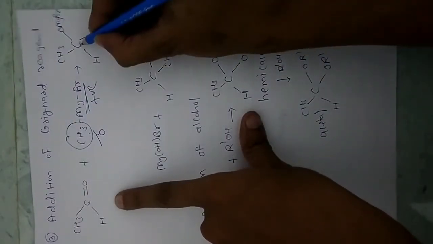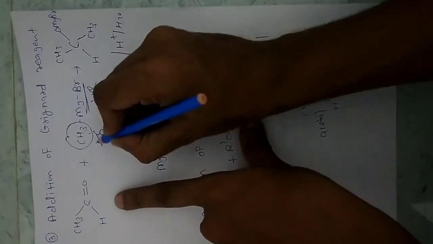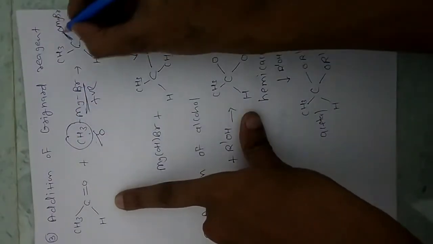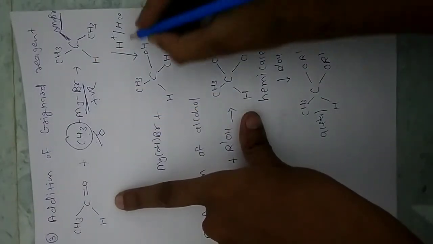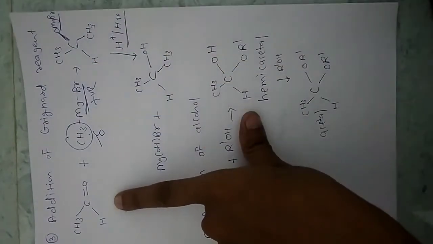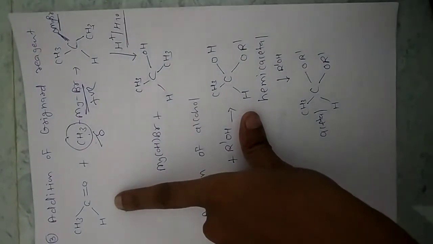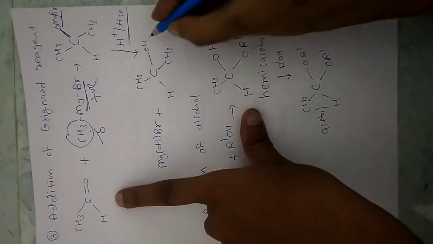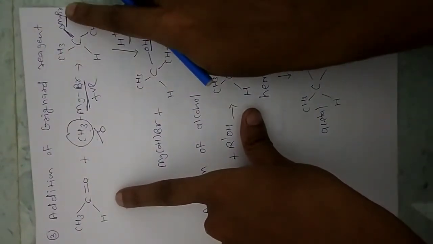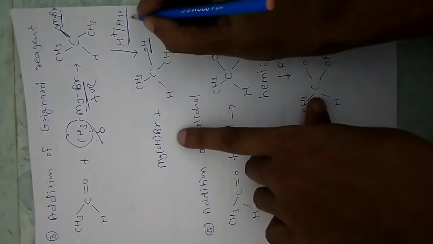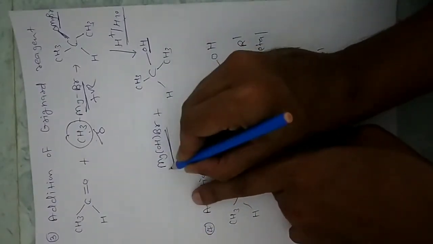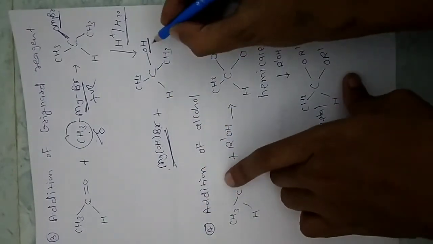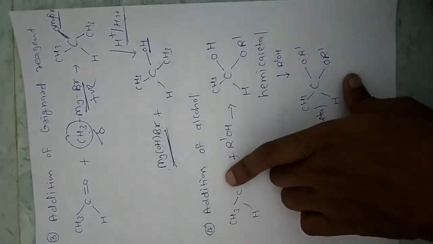Carbon is now attached to CH3, and the remaining part MgBr will attach to oxygen, giving OMgBr. In the next step, with H plus, acidic medium, we have to do hydrolysis. So instead of MgBr on oxygen we write hydrogen, and the remaining OH part will attach with MgBr, making MgOHBr, that is our byproduct. This reaction you have learned in a previous chapter also.